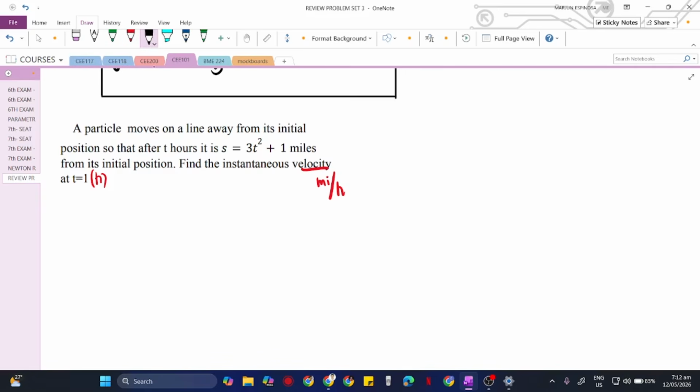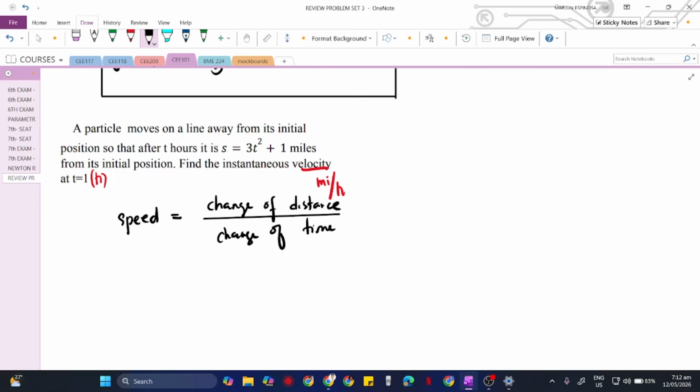So, if you remember, speed or velocity can be calculated using change of, ano yun, class? Change of distance over change of time, no?